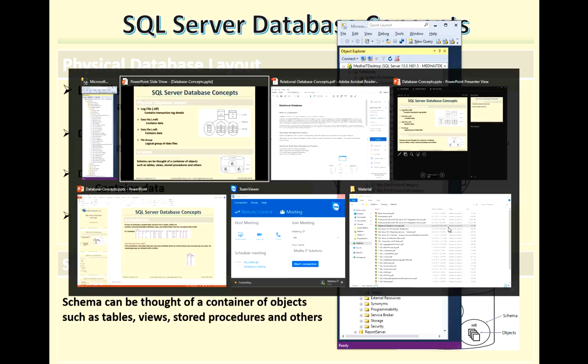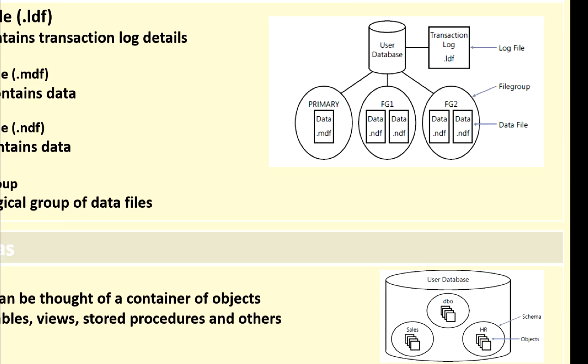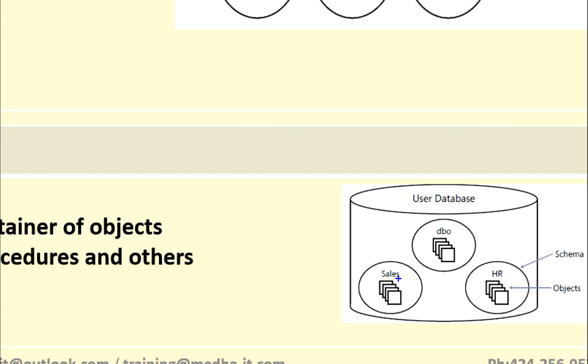Instead, if you use schemas, let's say I use a sales schema and an HR schema, then instead of DBO as the default schema, all the tables will have their appropriate schemas assigned. So sales-related tables will all be sales.tablename, instead of dbo. they will have sales. or HR.